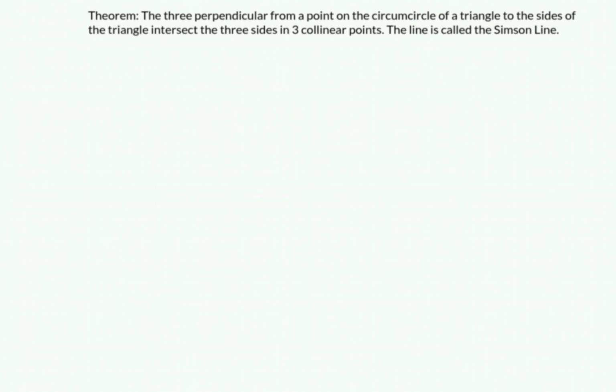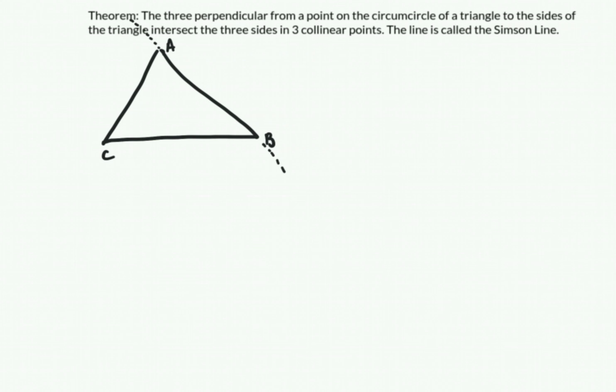Okay, so we'll again start with a picture here. Let's say we have A, B, C like so. And I'm going to kind of extend them out, because we know that sometimes we need to look a little further out to get these. And there's some circumcircle around this.